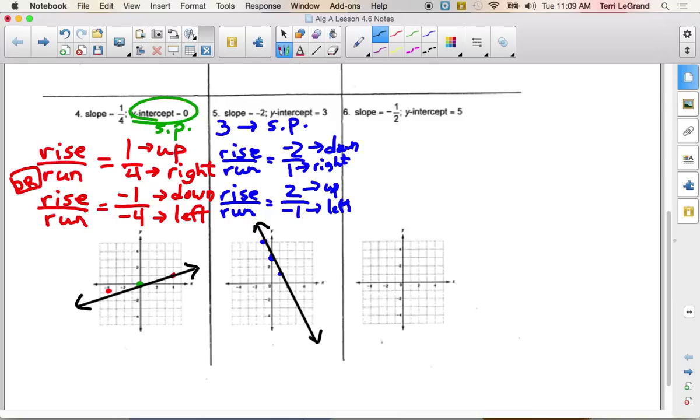Now let's do one last one here. So we get to work on your homework. What's the starting point on this one? 5. Okay, let's go put a point at 5. Oh, there it is, way at the top. Okay, the slope is a -1/2.